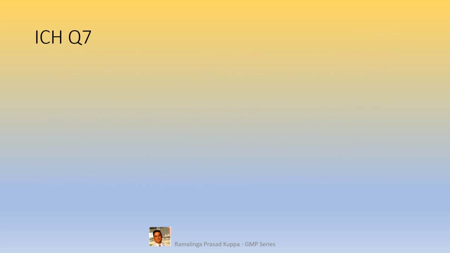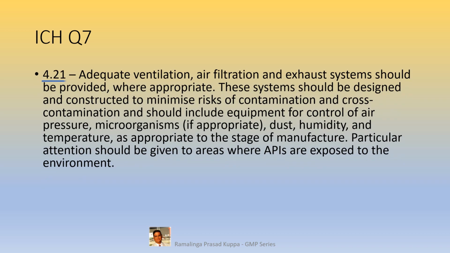Let us see the prescription under ICH Q7. Section 4.21 prescribes adequate ventilation, air filtration, and exhaust systems should be provided when appropriate. These systems should be designed and constructed to minimize risks of contamination and cross-contamination and should include equipment for control of air pressure, microorganisms if appropriate, dust, humidity and temperature as appropriate to the stage of the manufacture.